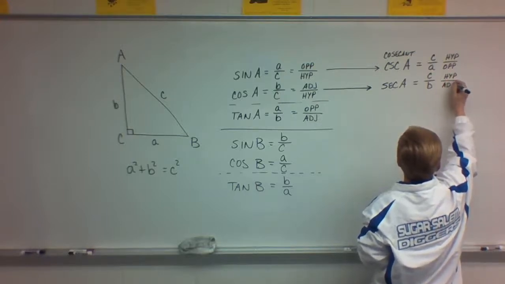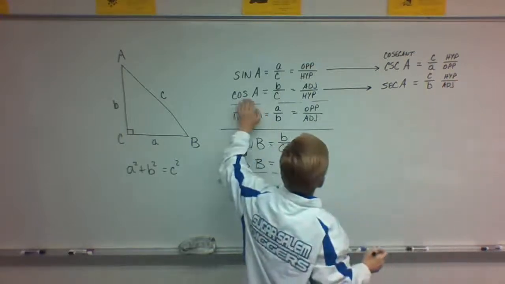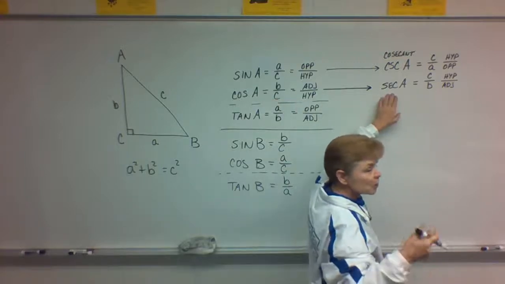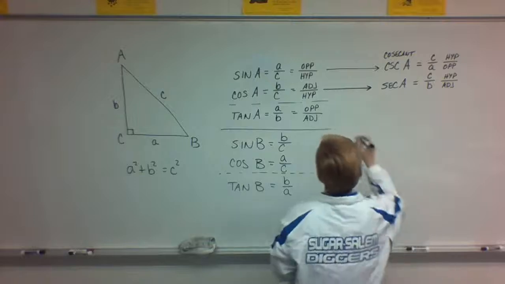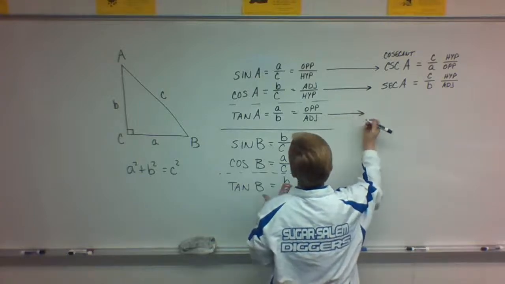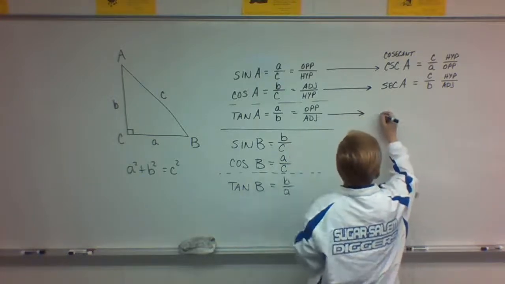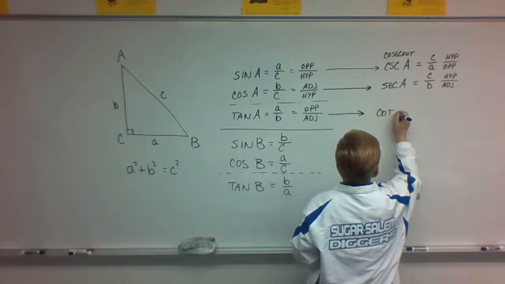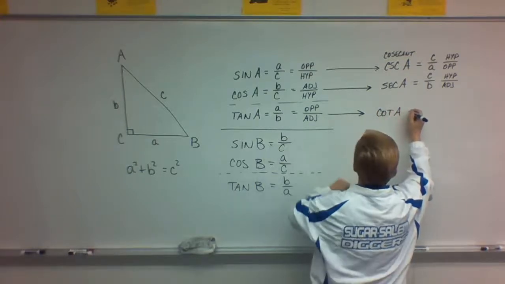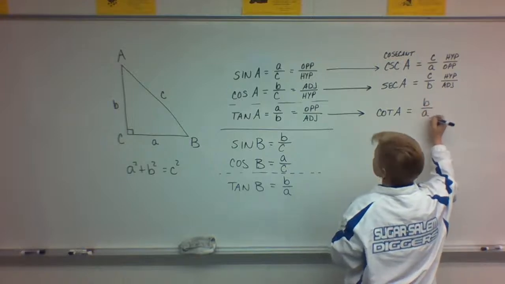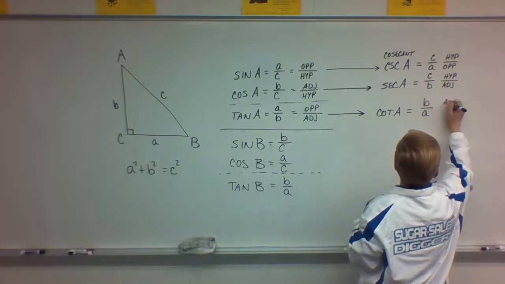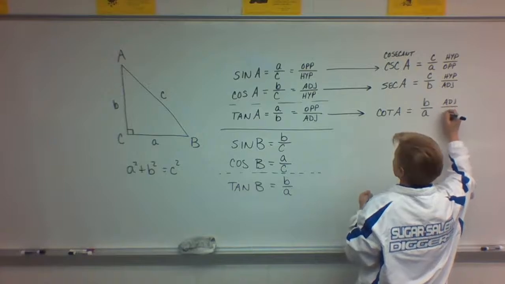What you have to remember is that cosine and secant are related reciprocally. And of course, tangent and cotangent, those are the easy ones to remember because they both have the word tangent in them. The cotangent of the same angle is going to be B over A, which is adjacent over opposite, if you want to memorize it, but you don't have to.